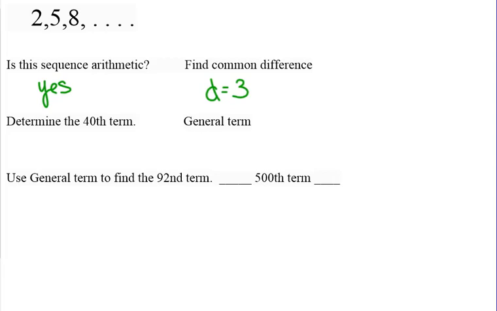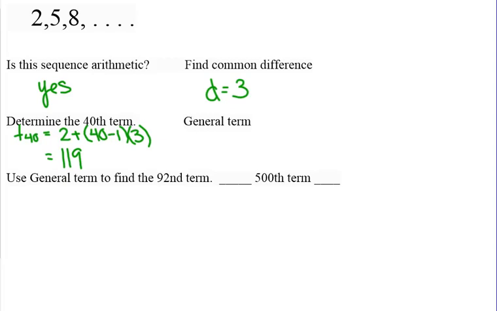So determine the 40th term using our formula. We've got T40 is equal to T1 plus n, well, it's the 40th term, minus 1 times your common difference. So crunch your numbers in your calculator, in your head, whatever your heart desires. That gives us 119.